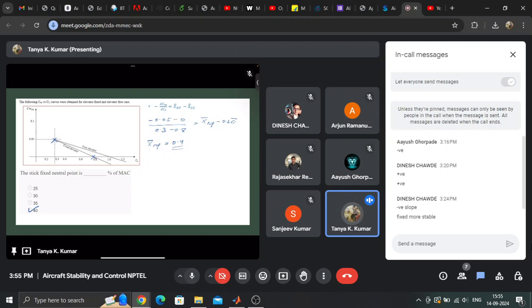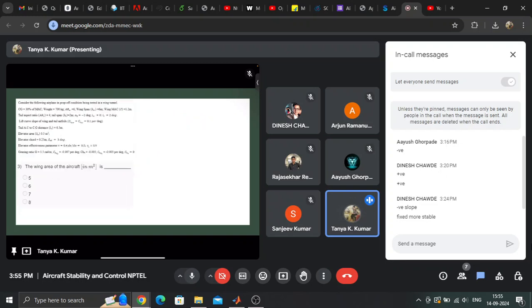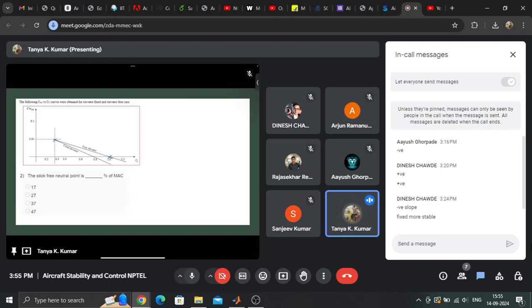Now we can do it for the stick free case. It's the same formula, stick free case. So we'll take this point and this point. Only thing that will change is the slope. So minus dCm by dCl is x bar cg minus x bar np minus x bar cg.